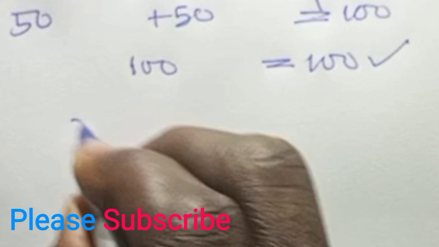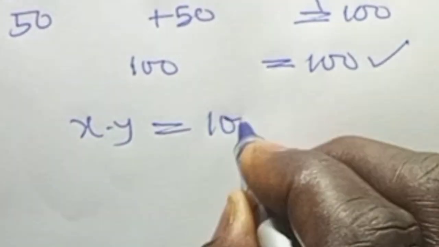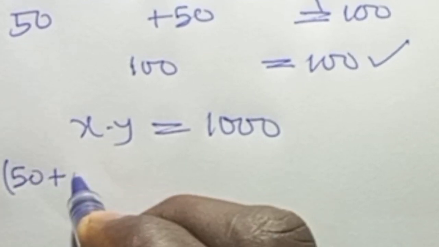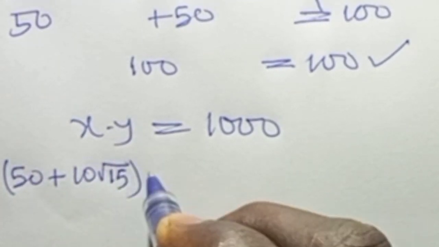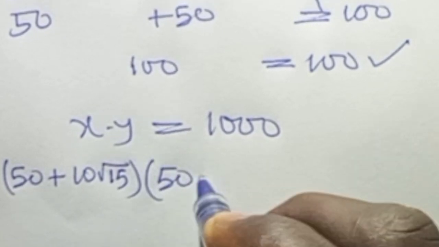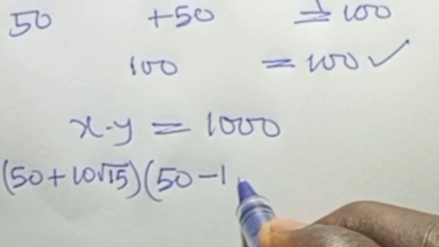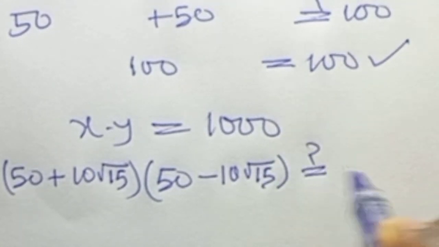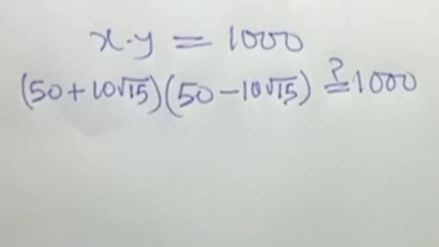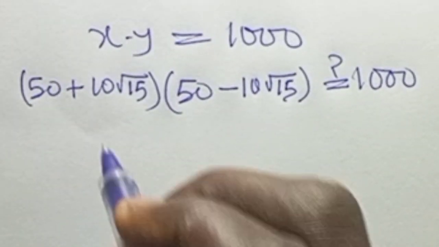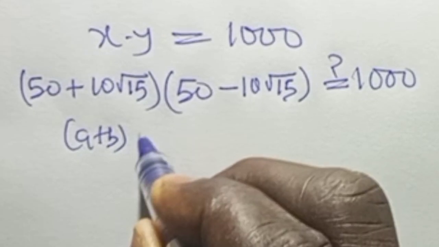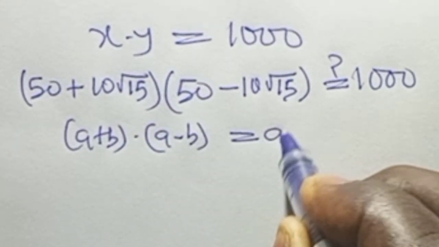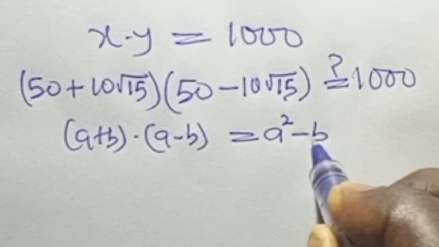And for the second, we have x times y equals 1000. So again, 50 plus 10 root 15 times 50 minus 10 root 15. Will it be equal to 1000? But from algebra, we have a plus b times a minus b to be equal to a squared minus b squared.